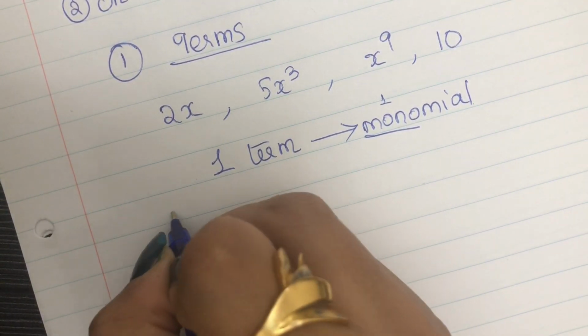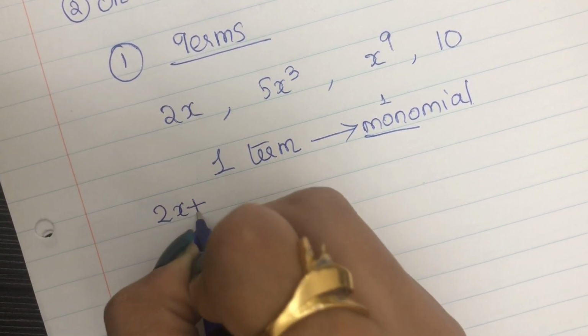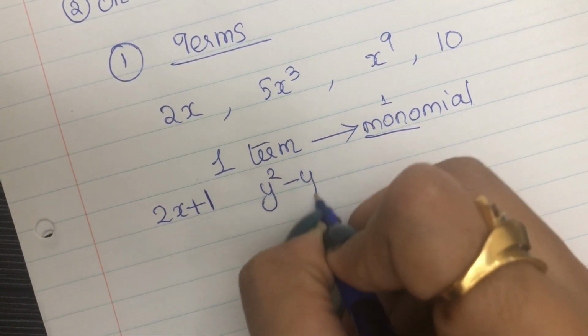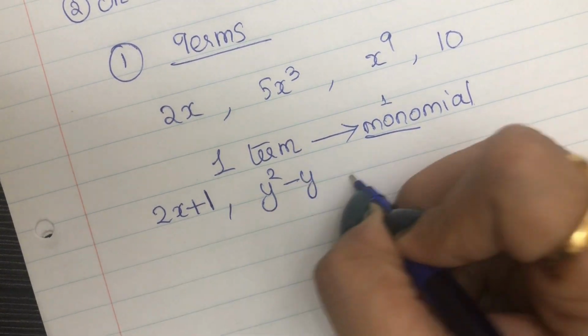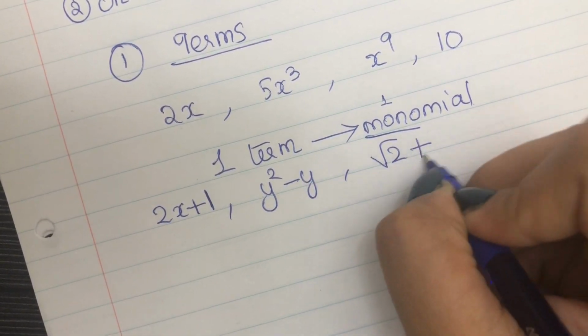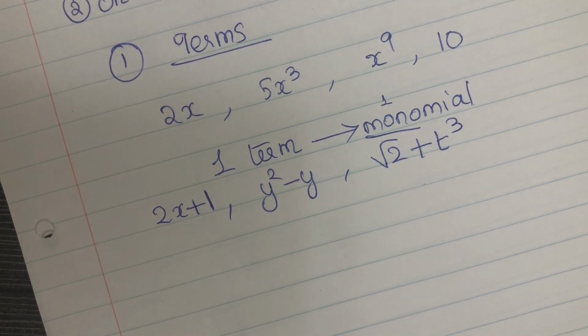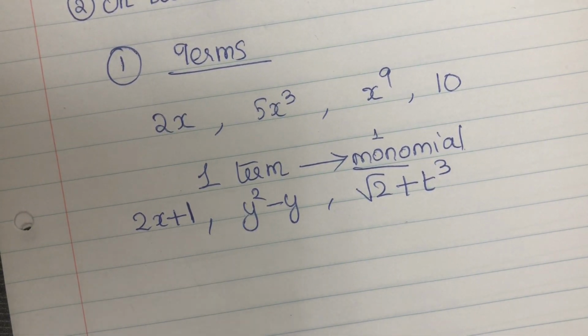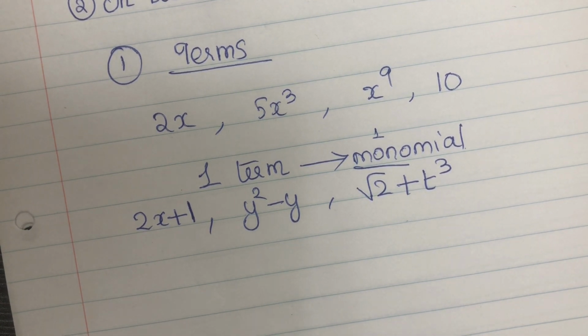Now see some examples. 2x plus 1, y square minus y, root 2 plus t cube. So how many terms do we have? You know how we'll find the terms? The terms are always separated by plus or minus sign.